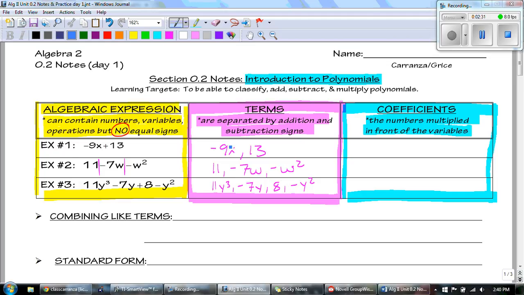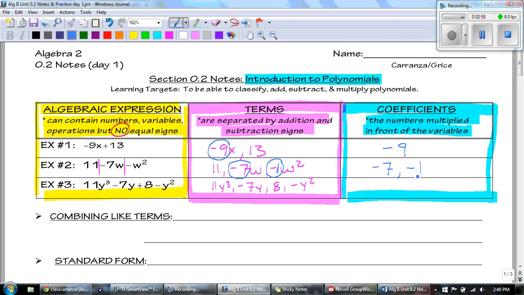So in example number 1, there's only one variable, which means there's only one coefficient. That's the number out in front. In example number 2, there are two variables, negative 7, and then in front of the w squared, there's a negative 1.